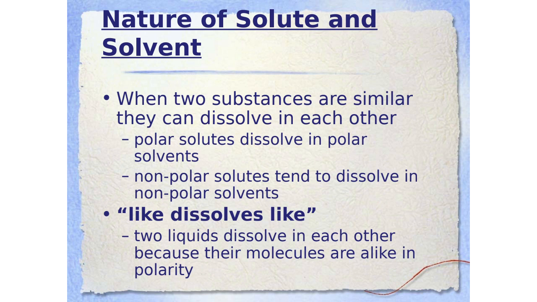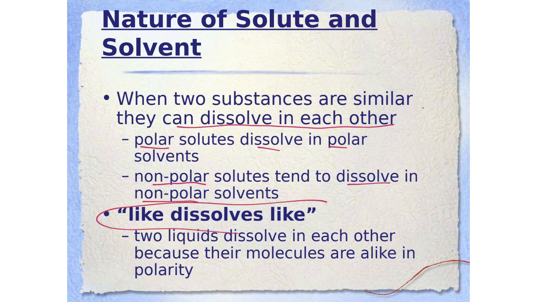So how does knowing the nature of solute and solvent predict solubility? When two substances are similar in terms of their polarity, they can dissolve in each other. So polar solutes will dissolve in polar solvents. If you have a nonpolar solute, it will also dissolve in nonpolar solvents.